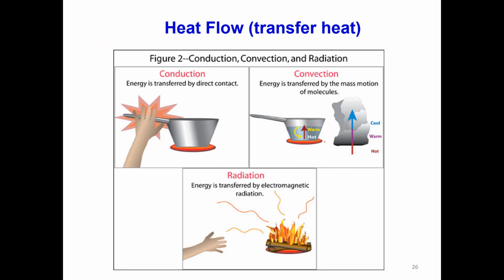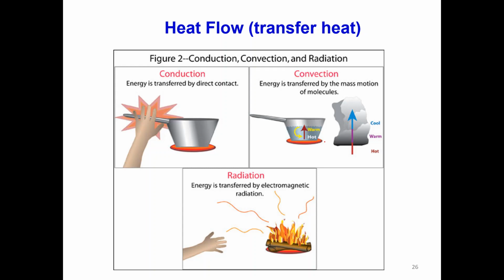There are basically three ways the heat can transfer, or flow: by conduction, by convection, or by radiation. Conduction is just for direct contact. If the objects are in direct contact, then we have conduction. Convection is for the motion of masses of molecules; in this case the molecules have to move to transfer the heat.